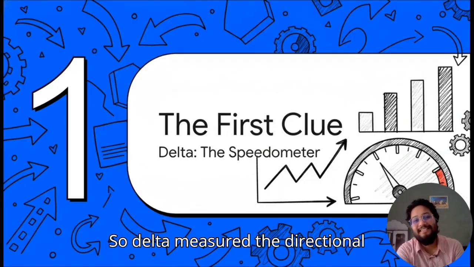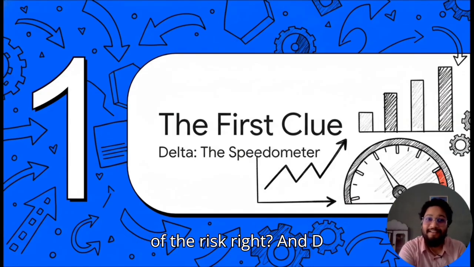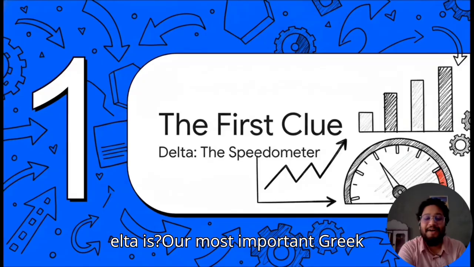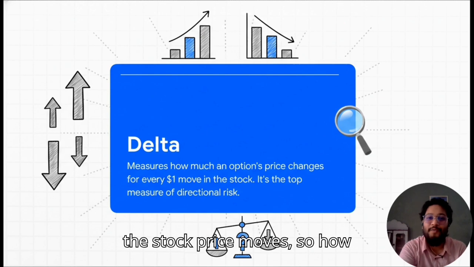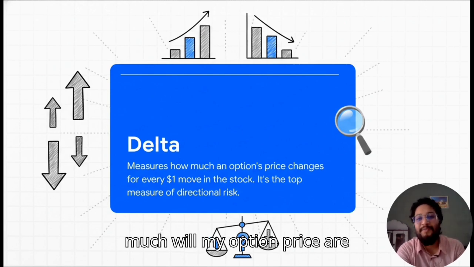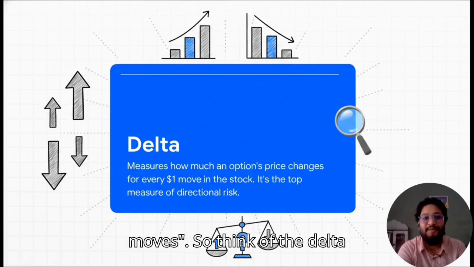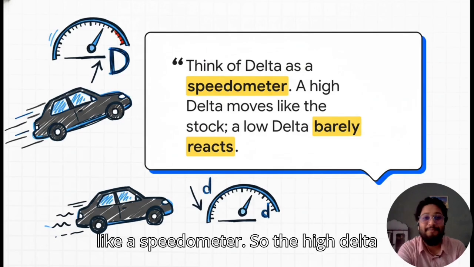So the first Greek is delta. Delta measures the directional risk, right? And delta is the most important Greek. It answers one simple question: if the stock price moves, how much will my option price move? Think of delta like a speedometer.